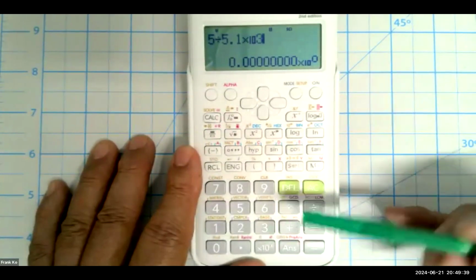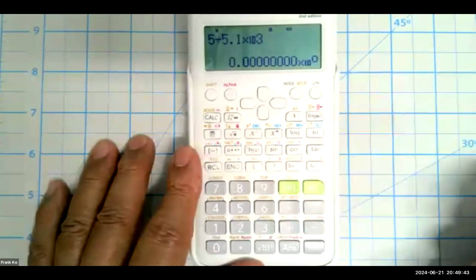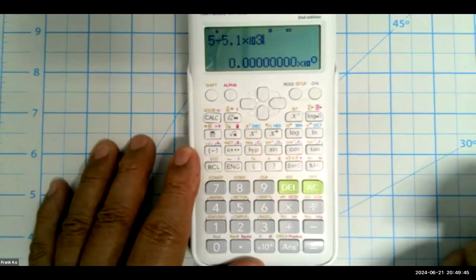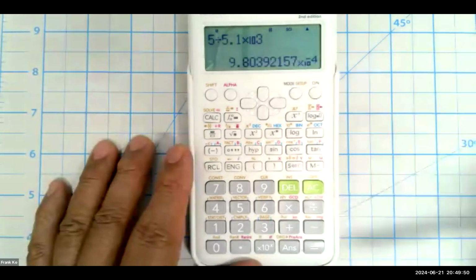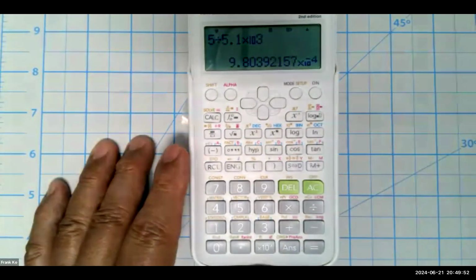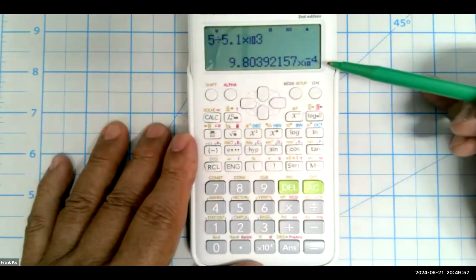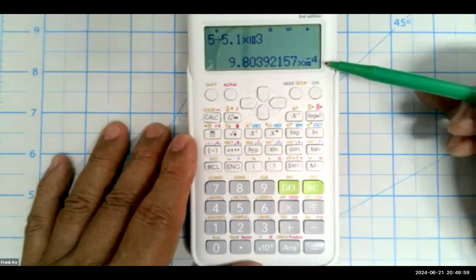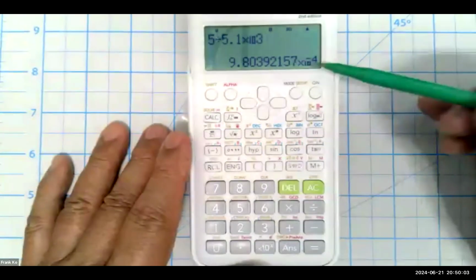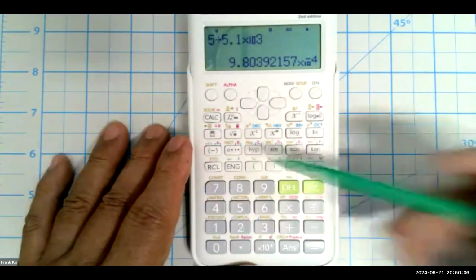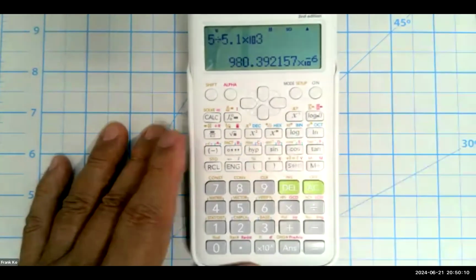So you touch the 3 and you can see times 10 to the power of 3. That's how you enter kilo on this calculator. Then you hit equals. And when you hit equals, the calculator ends up in either decimals or scientific notation. As I said, we know this is scientific notation because the exponent is something other than a multiple of 3. So this is useless to us until we hit the engineering key. Once I touch the engineering key, voila, look at that.